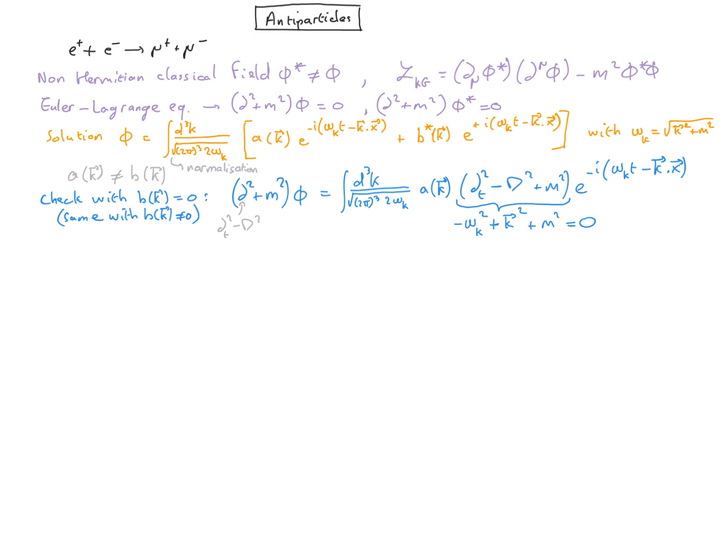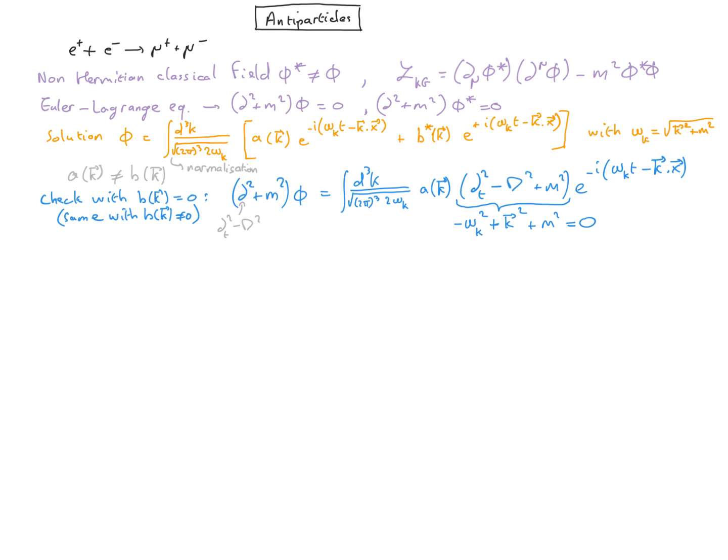Before going further, let us mention a small historical note. The Klein-Gordon equation was first introduced in the framework of relativistic quantum mechanics. And in this case, phi denotes the wave function for a particle. And we see that we have a sum of plane waves, which are in the first case with a positive energy, because remember that in quantum mechanics we have something which goes like exponential minus i E t.